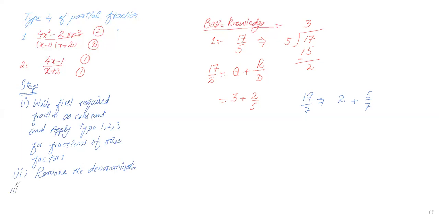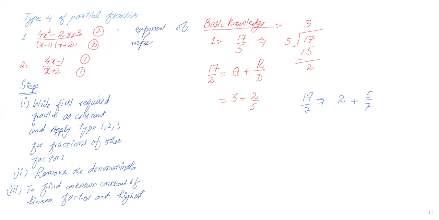The third step is to find the unknown constant of the linear factor and the highest exponent of the repeated factor, by the type 1 method.